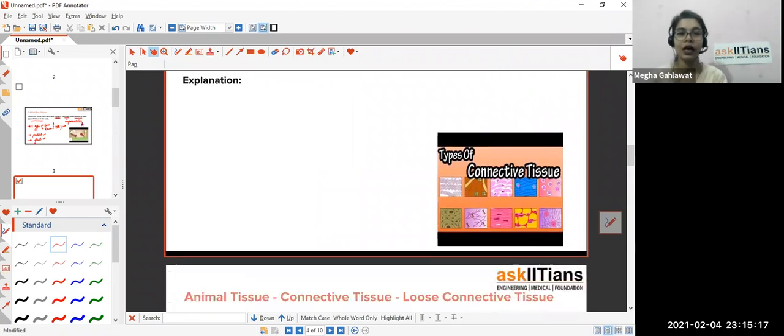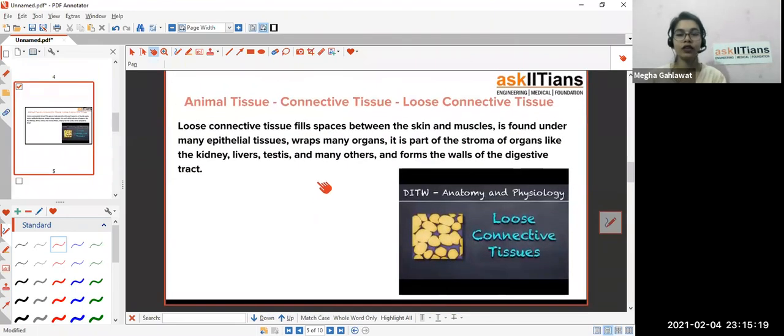So that being said, we'll move forward to the types of connective tissue. The explanation I've already done. We'll start with the animal connective tissue, the loose one. As I told you, loose connective tissues are the ones, listen to the keywords here, which fill the spaces between skin and muscles. That means they are present and filling the space between the muscles of my hands and the skin.